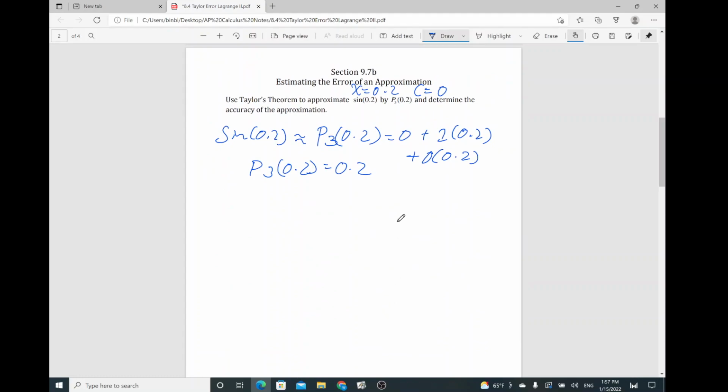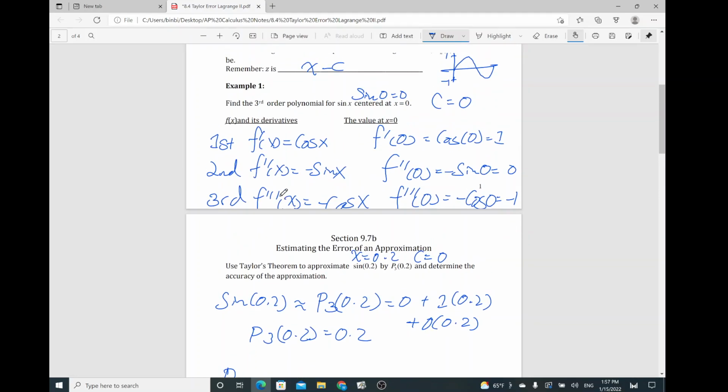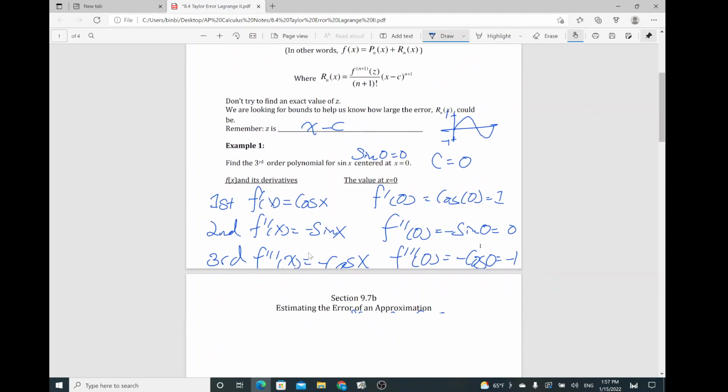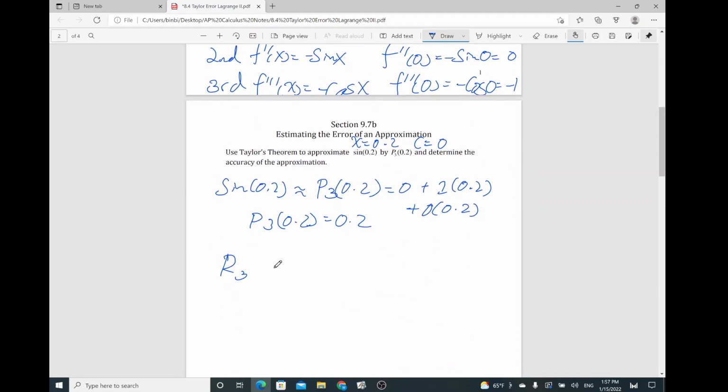Now we want to find the approximation error for this one. That means we need to find the next term, the remainder r sub 3 of x.